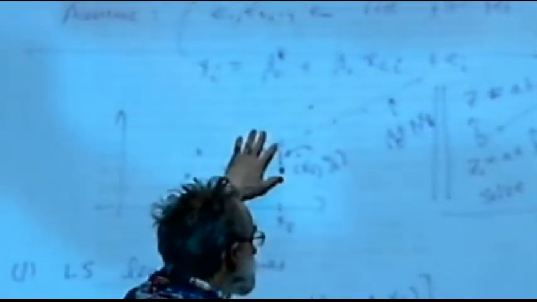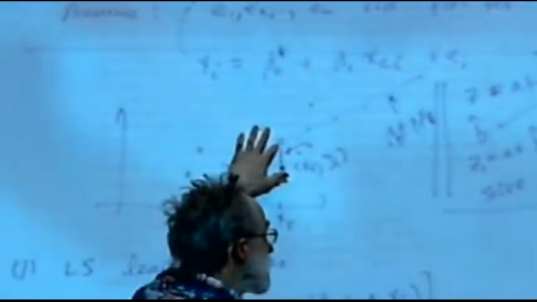And here's the ith point, xi, yi. That's the error I make, because I'm going to claim it goes through here, but really it's this point here. So this is y sub i minus, it's going to be negative in this case, y sub i minus beta naught plus beta 1 times xi.